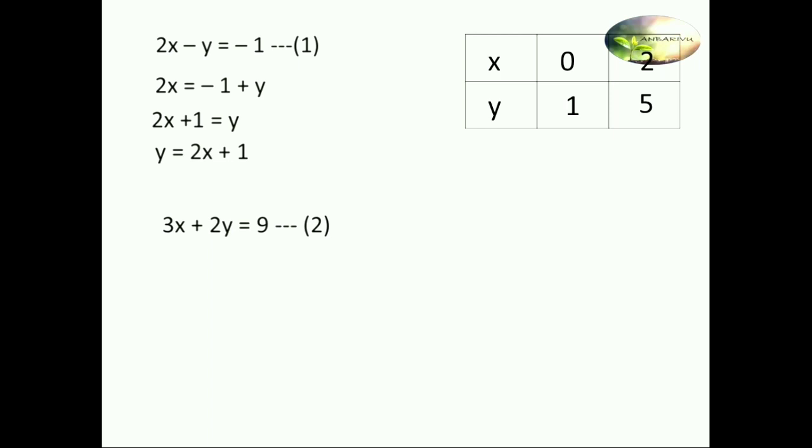Second equation, 3x plus 2y equals 9. First, I am moving 3x to the right hand side. Then we get 2y equals 9 minus 3x. Then the multiple 2 goes to the left hand side and becomes divide. So y equals (9 minus 3x) by 2. Now I am going to assume values for x.